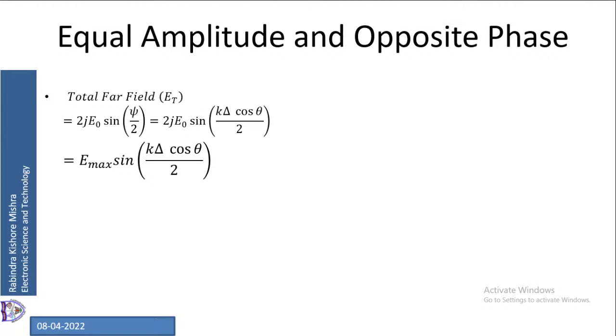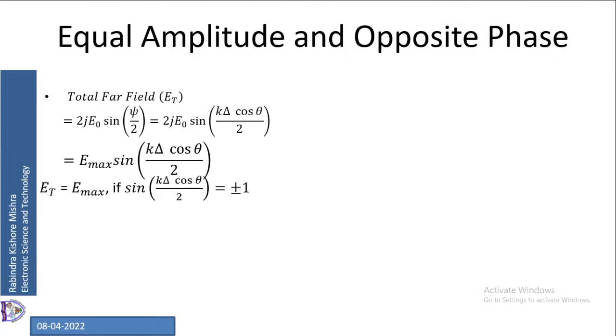Since we get 2j E0 sin psi by 2, for psi we write k delta cos theta by 2. That way we will get E max sin k delta cos theta by 2.